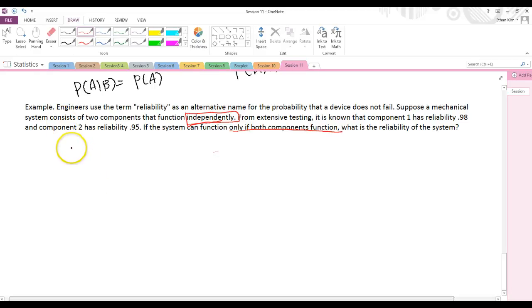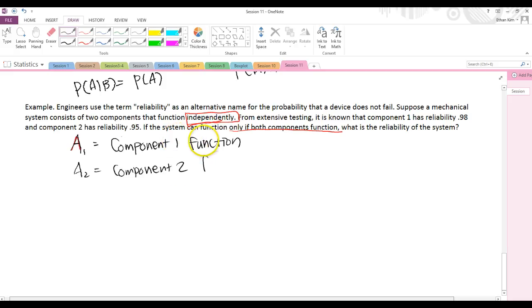So let's say that A1 equals when component 1 functions. So this is A1. And say that A2 is when component 2 functions.